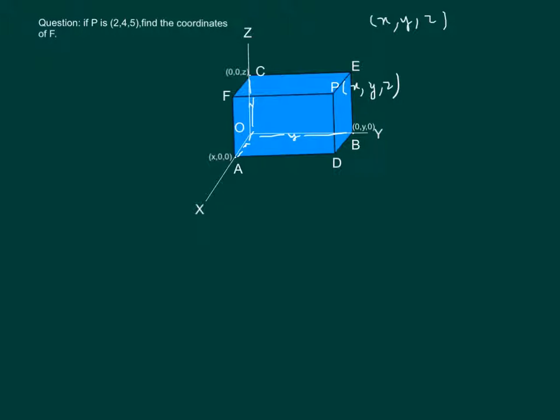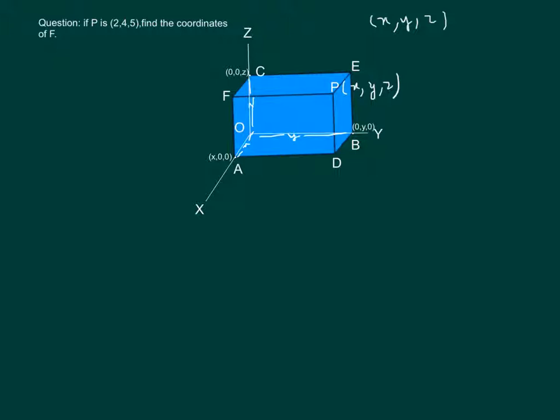Let us look at the following question. If point P is given to be (2, 4, 5), then we have to find the coordinates of point F here. Clearly, point F is lying on the ZX plane. That means its y-coordinate is 0.